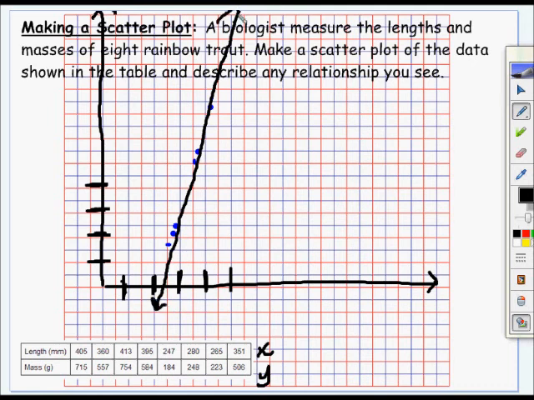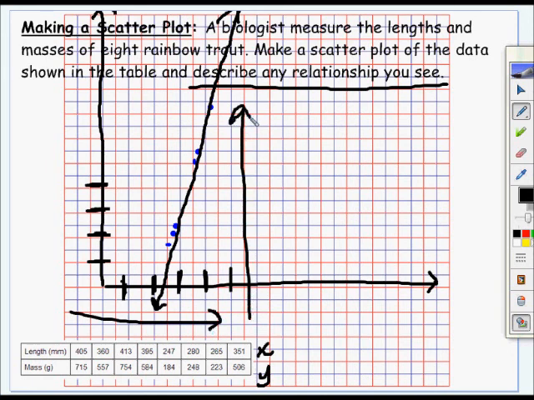So if we look at our pattern, when we describe any relationship you see, we can say whenever the length of a trout gets larger, their weight also increases. That's how you use a scatter plot. And that will conclude not only lesson 1.8, but it will also conclude chapter 1.